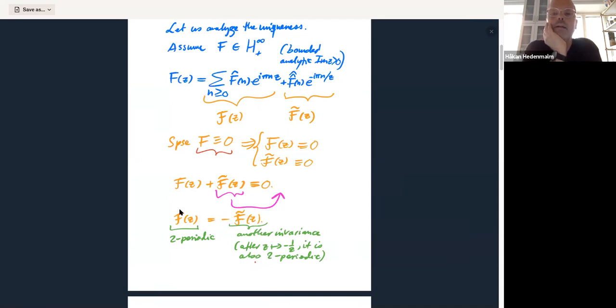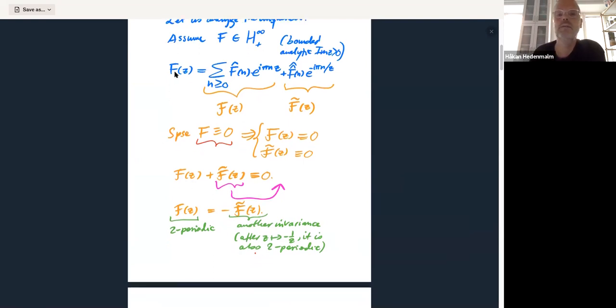Okay, then what can you do? In this case, you have f is, well, this representation I told you about. And the natural thing here now is that n should be non-negative. And then let's look at these things.